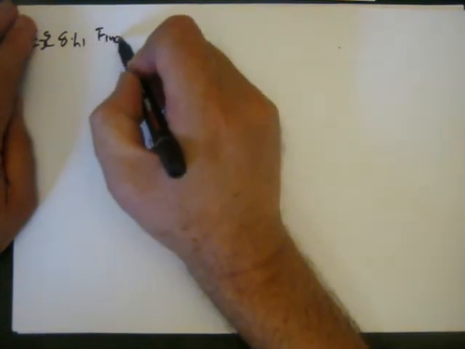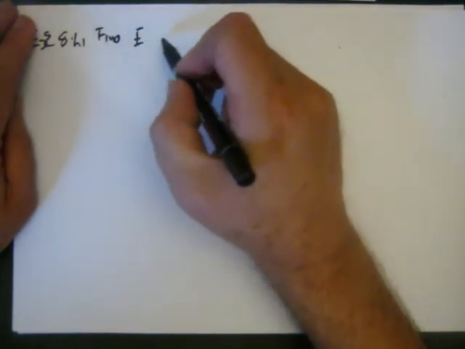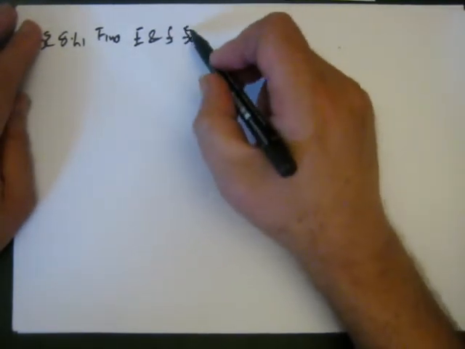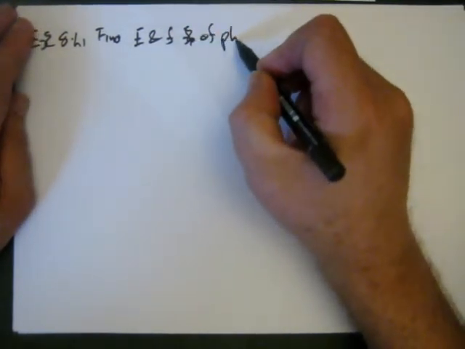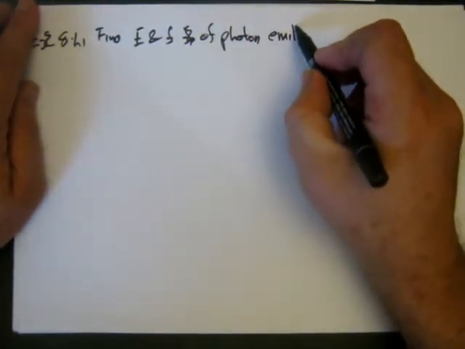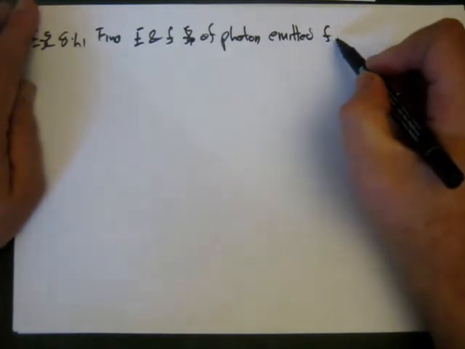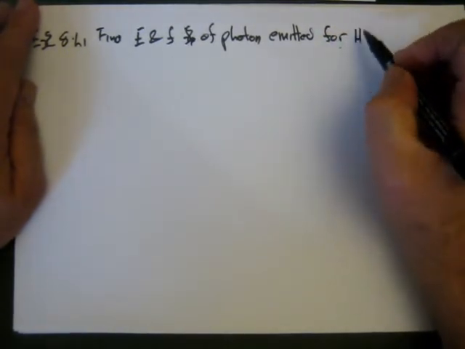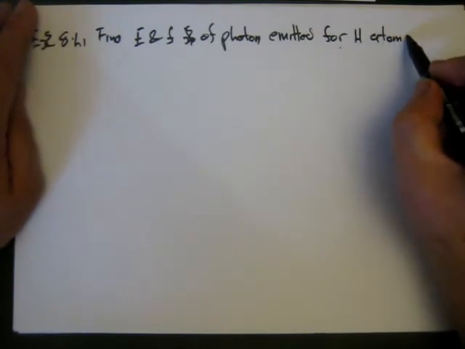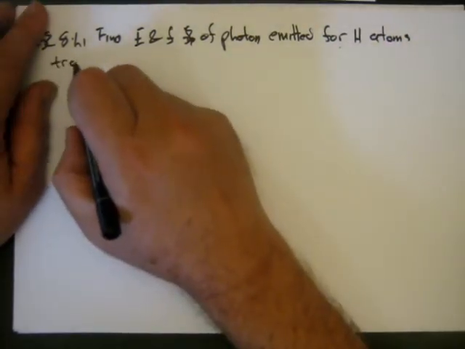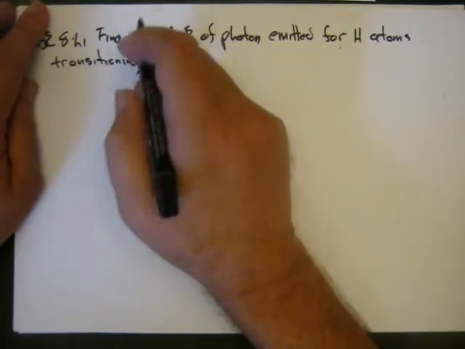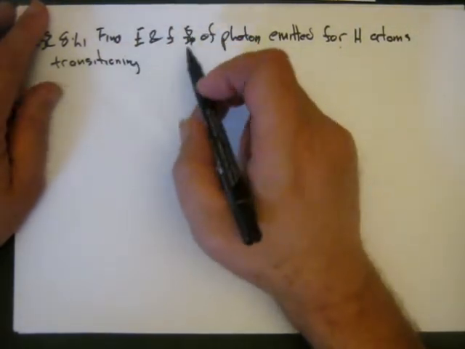Find E and F of photons emitted for hydrogen, for H atoms transitioning from level 2 to level 1.